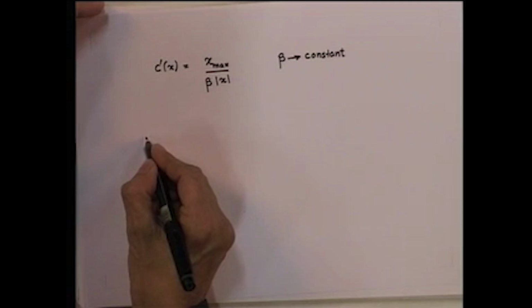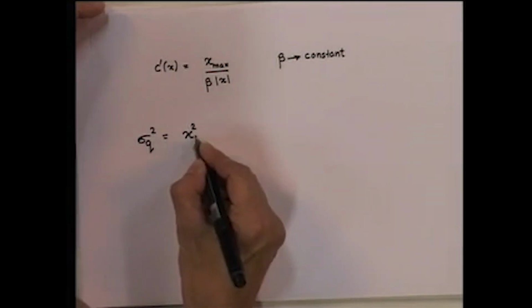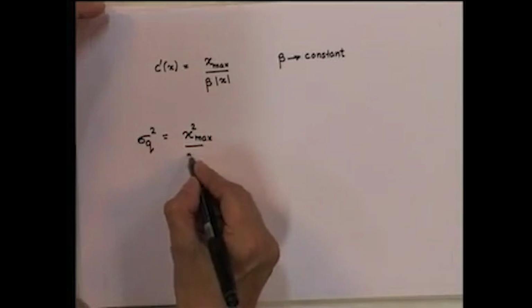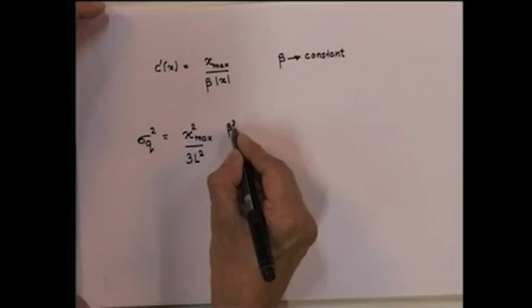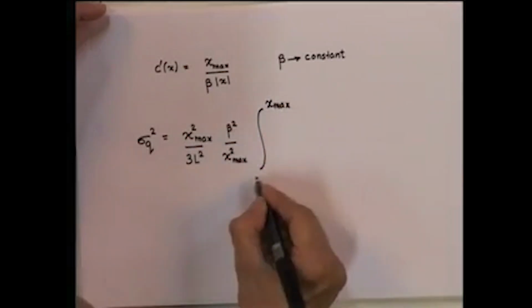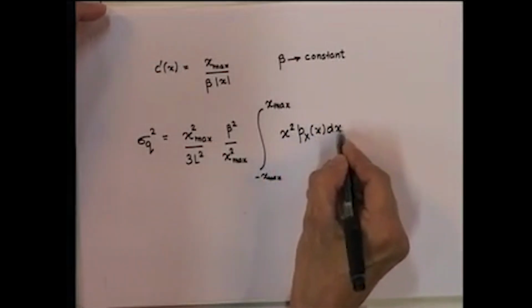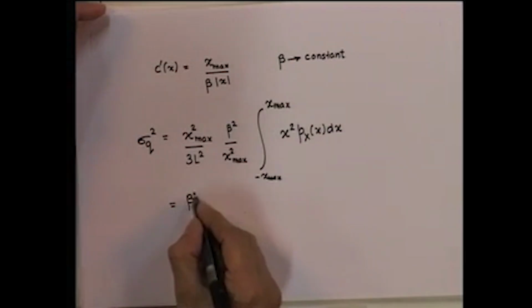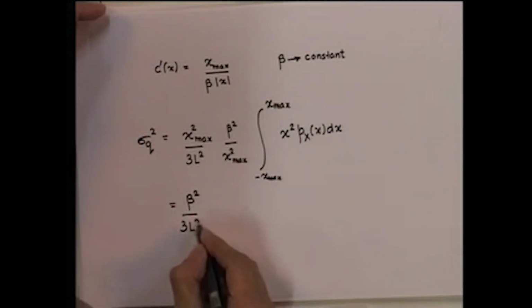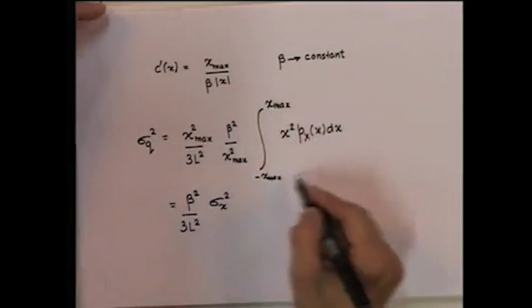Now, using the Bennett integral and using this relationship, it is easy to show that the mean square quantization error reduces to the following expression, which is equal to beta squared, that is a constant, divided by 3 L squared times sigma x squared. This is the variance of the input.